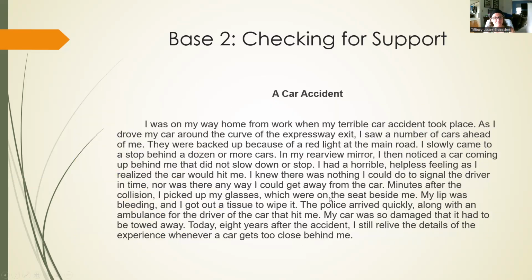All right, and again, we have another example here that you can look at on your own. Remember, base one is there, the paragraph is on topic, it's focused, it has unity. All we're worried about is whether or not there's any idea in the paragraph that leaves us with questions because it hasn't been explained or supported enough. That's what you're looking for.